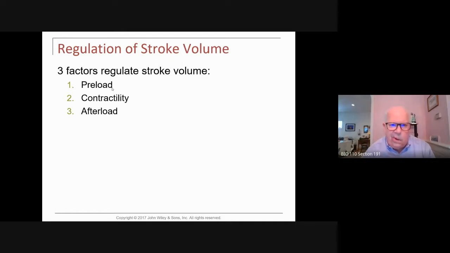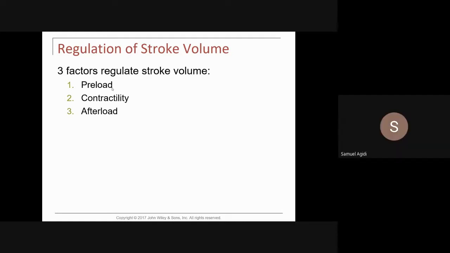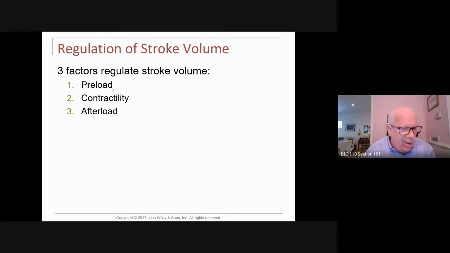What's your blood volume going to be, high or low? It'd be lower, because you lost water.